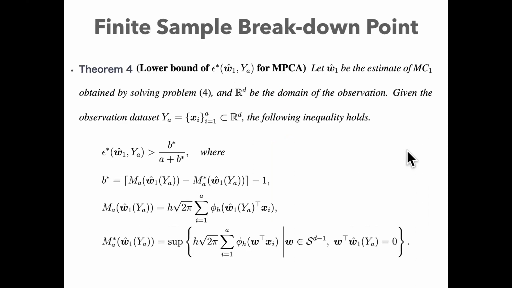This theorem states that for the estimate of the projection axis to the first minor component, we get the lower bound of the angular breakdown point by using the observation data. I mean, we can evaluate this B star using only the given dataset.